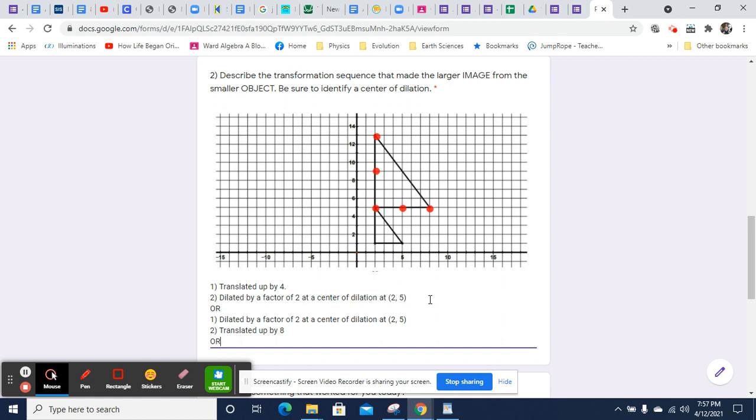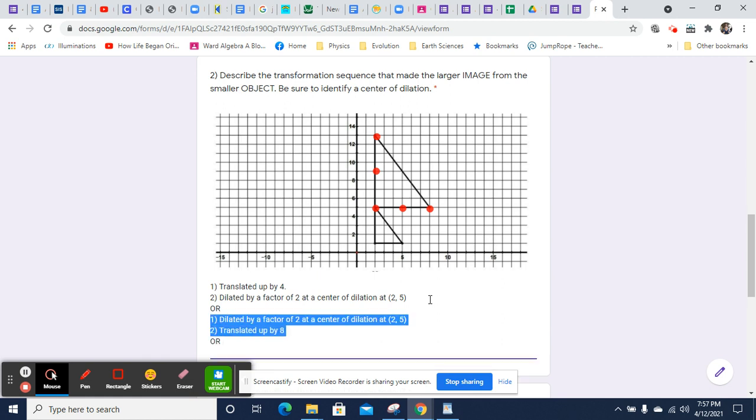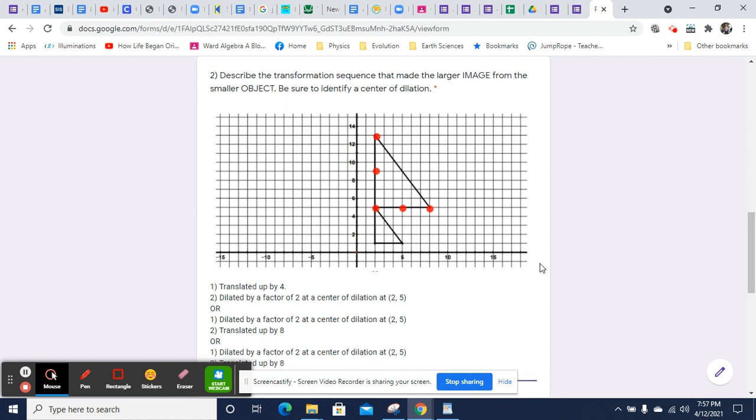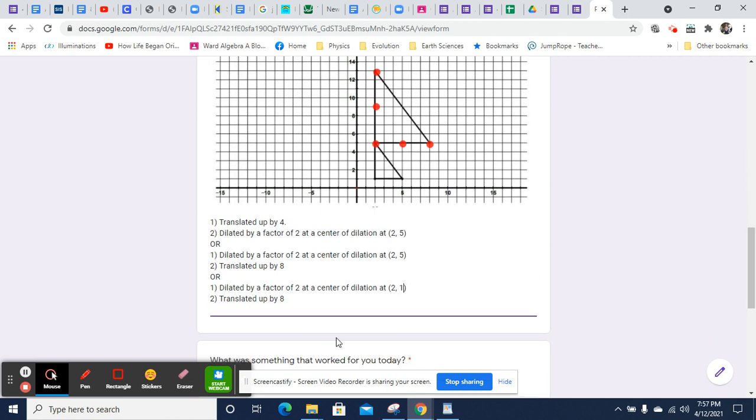Or we could have done this. We dilate by a factor of 2 at this center right here. Then this point goes to here, this point goes to here, and this point stays still. If we had a center of dilation at 2, 1 instead of 2, 5, then we just have to translate up by 4, and we'd be in position.